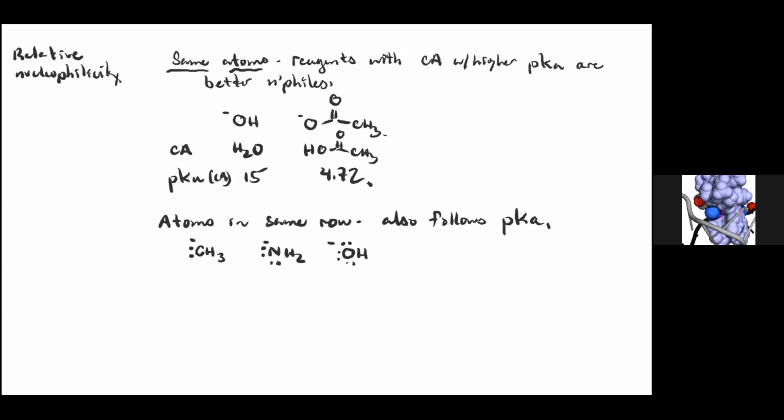We can go and look to its conjugate acid. So the conjugate acid of the methyl anion is just methane. Amide's conjugate acid is NH3, ammonia. Hydroxide is water. And the pKa of the conjugate acid is about, this is on the order of 50. That's a rough estimate. This is about 36, and this is about 15, okay? So the methyl anion has the least acidic conjugate acid. It is the best nucleophile. And so the rank order would be like that, with water being the weakest, okay?